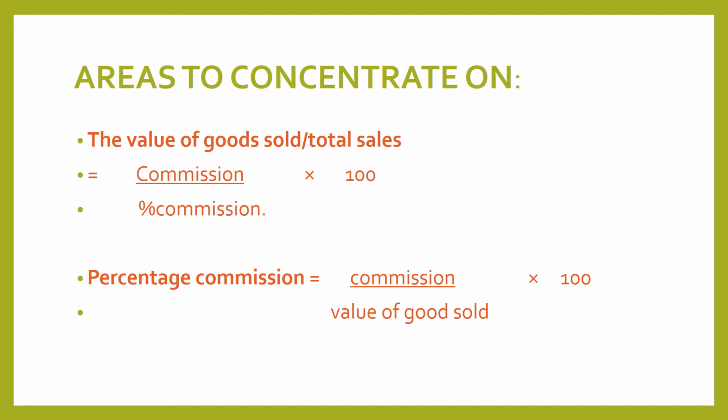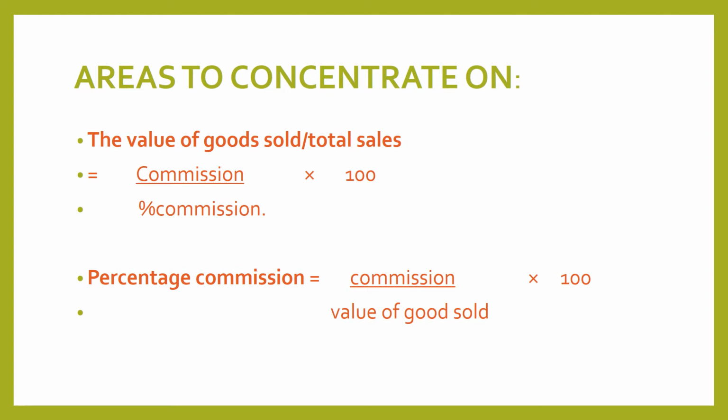These formulas that I have prepared for you here are going to be very applicable as we continue. You can even understand them just by reading them. If someone is asking you to find the value of goods sold, the formula is commission over percentage commission times 100.